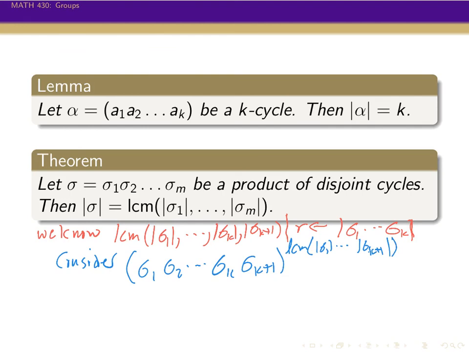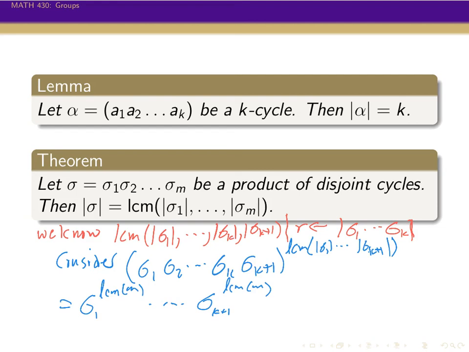Well, since these cycles are all disjoint, they commute with each other, and so I can apply this to each of these individually. So it's sigma 1 to this LCM of all of this, all the way down times sigma k plus 1 to the LCM of all of this.